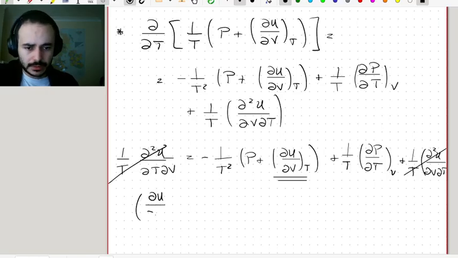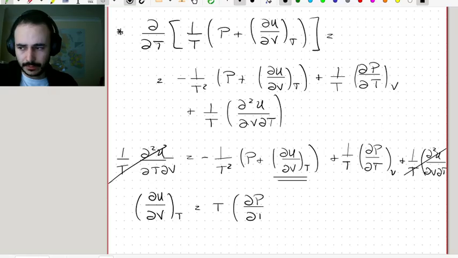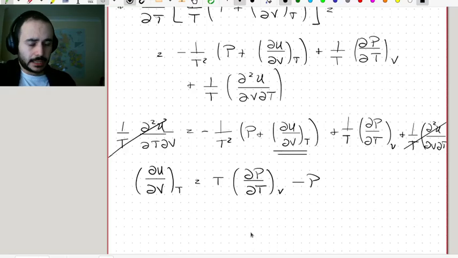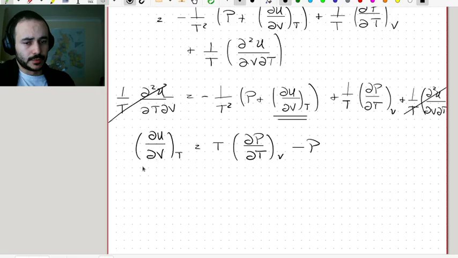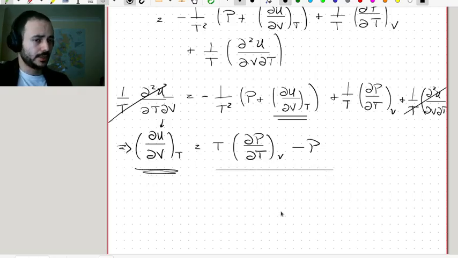So this derivative equals T times the partial derivative of P with respect to T at constant V, minus P. And again, we have achieved what we wanted. This was a complicated derivative. We don't know U, but we do know the relationship between P, T, and V, because that's in the equation of state, and we have transformed a complicated derivative into an easy expression.